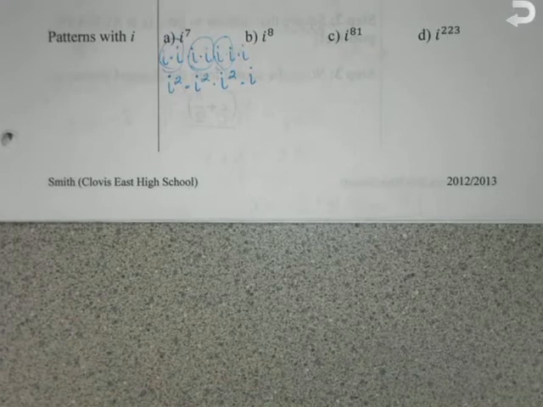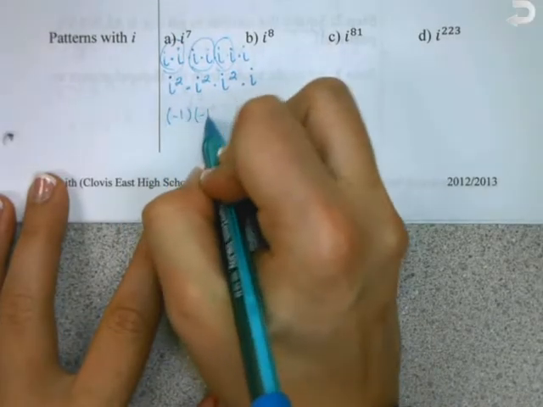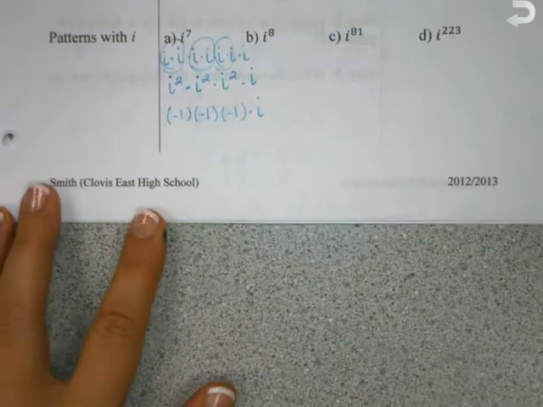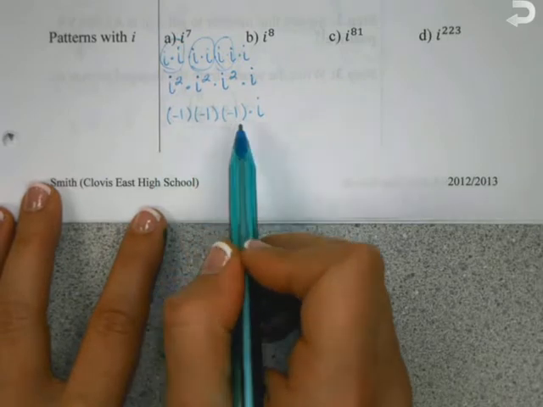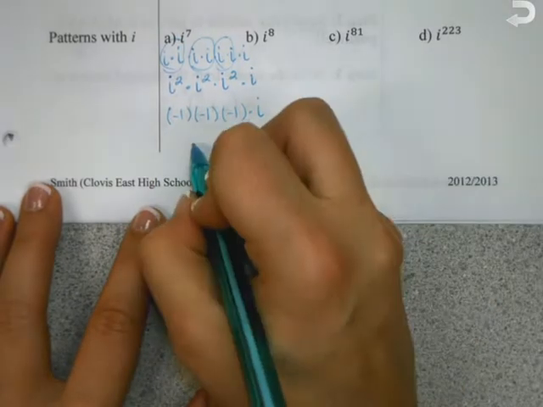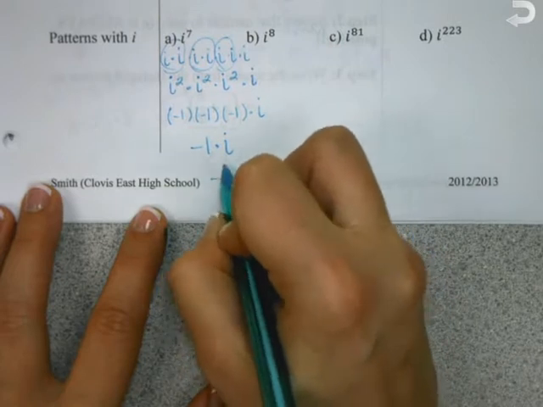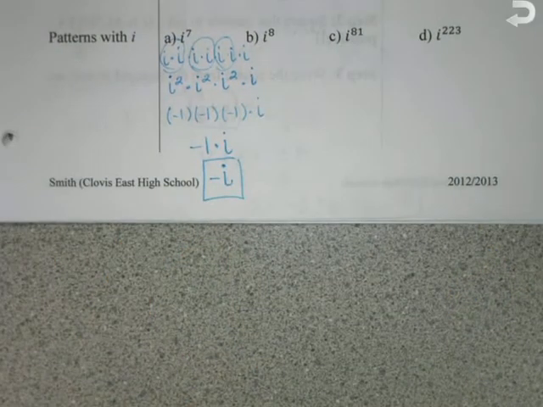Negative 1 times negative 1 times negative 1, what does that give me? Negative 1 times i. So that simplifies to negative i. And that's your answer. In terms of i, you should never have an exponent greater than 1. Because if you have i squared, it's negative 1. If you have i to any other power, you can always reduce it down to just an i, or no i's at all.